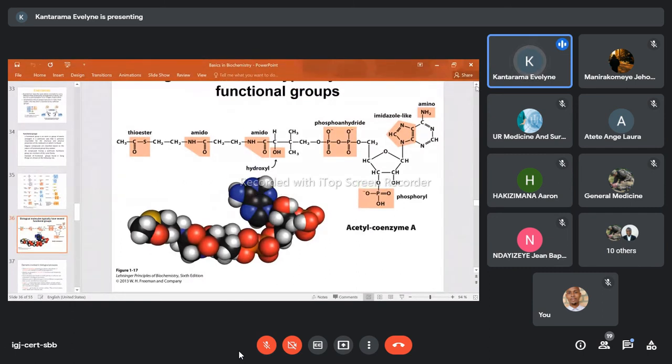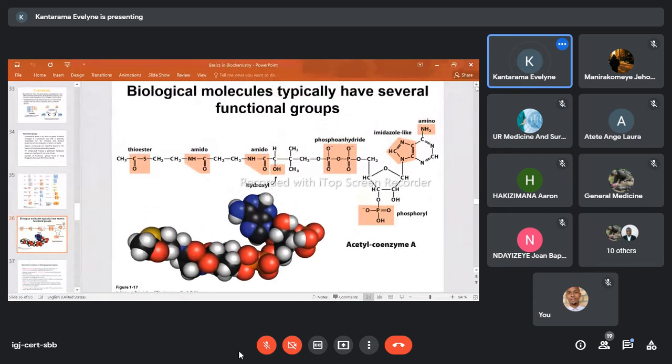On this example we have here, you see, we have thioester group, amido group, phosphoanhydride group, imidazole group, amino group, phosphoryl group. All this structure makes this acetyl coenzyme A.